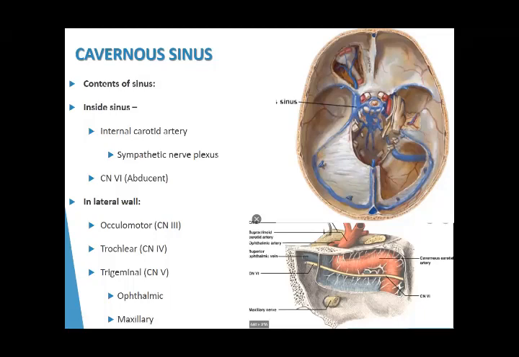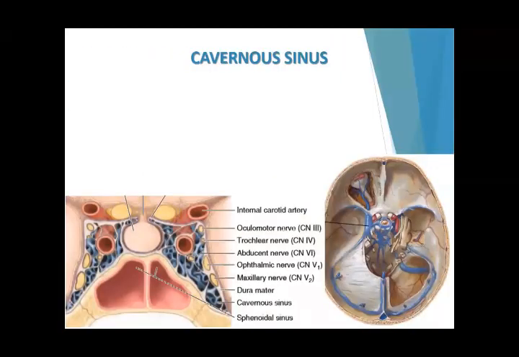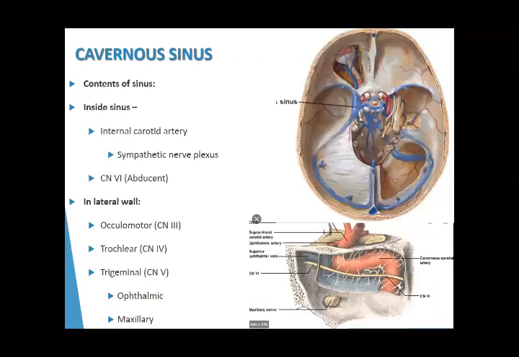Now in the lateral wall, structures lying in the lateral wall of the cavernous sinus from superior to inferior, क्योंकि ये horizontally placed नहीं है, ये थोड़ा सा anteroposteriorly slope होता है इसके। So wall में देख लीजिए, this is the third cranial nerve, oculomotor. ये जो है, this is the third cranial nerve, oculomotor.